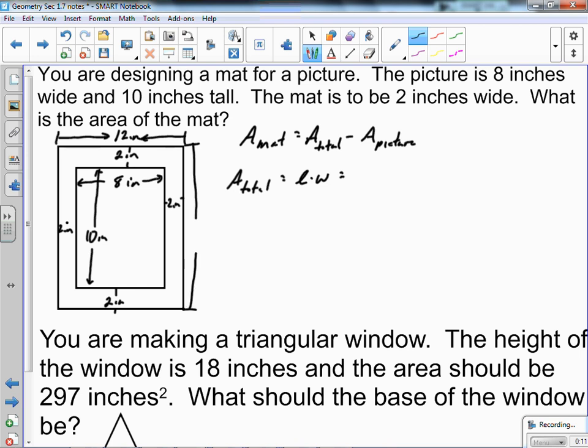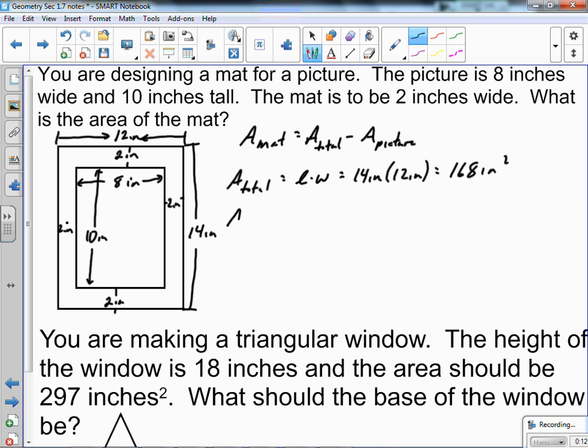And then for the length there, the picture is 10 inches, but then it's 2 inches on each side of it. So it'll be 14 inches. So we're doing 14 inches times 12 inches. So that gives us 168 inches squared.